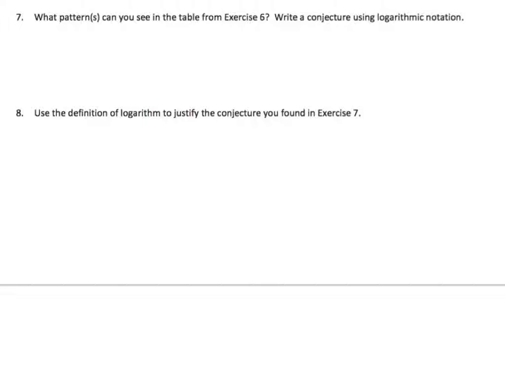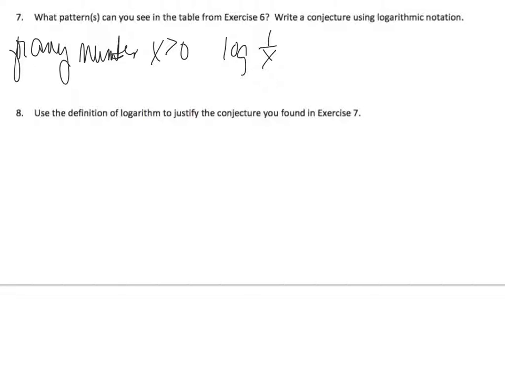What is your conjecture using logarithmic notation? Well, it looks like for any number x greater than 0, the log of 1/x is equal to the negative of log x. Every single one of them, right?